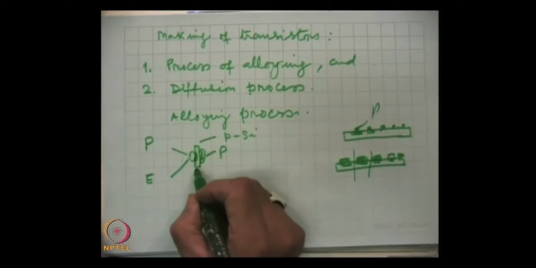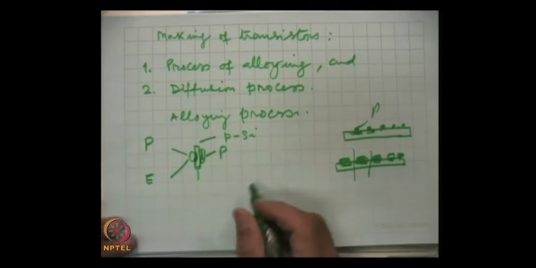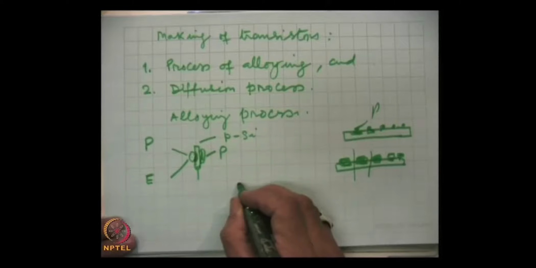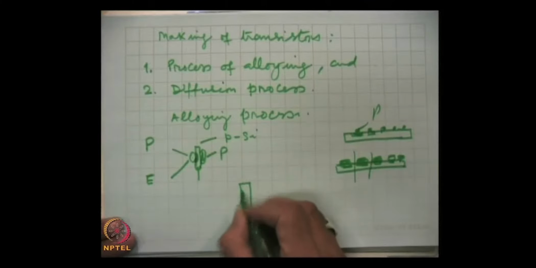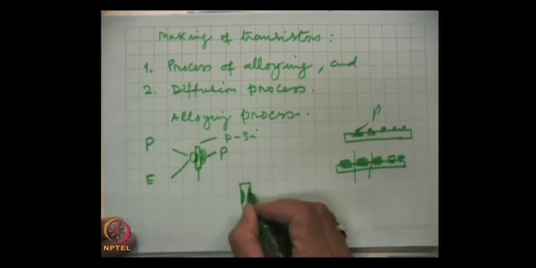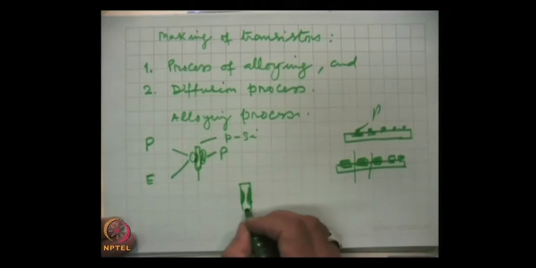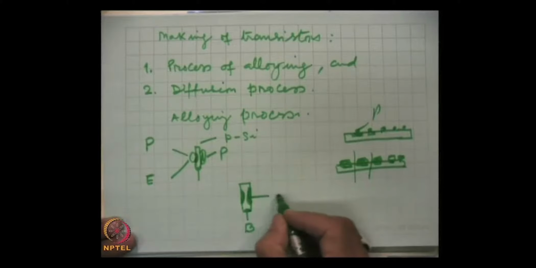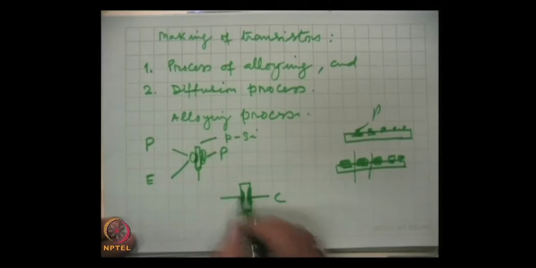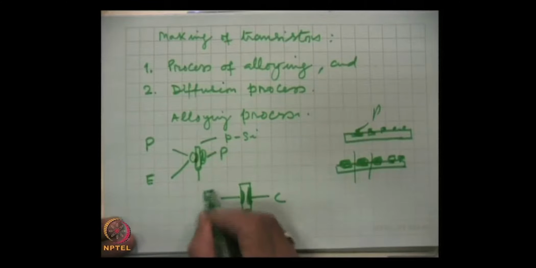And so, we will make the ohmic contacts. This will be the base. So, finally what we have is this here, this is the emitter, this is the collector, and the original one, we will put a contact here, this will act as the base.